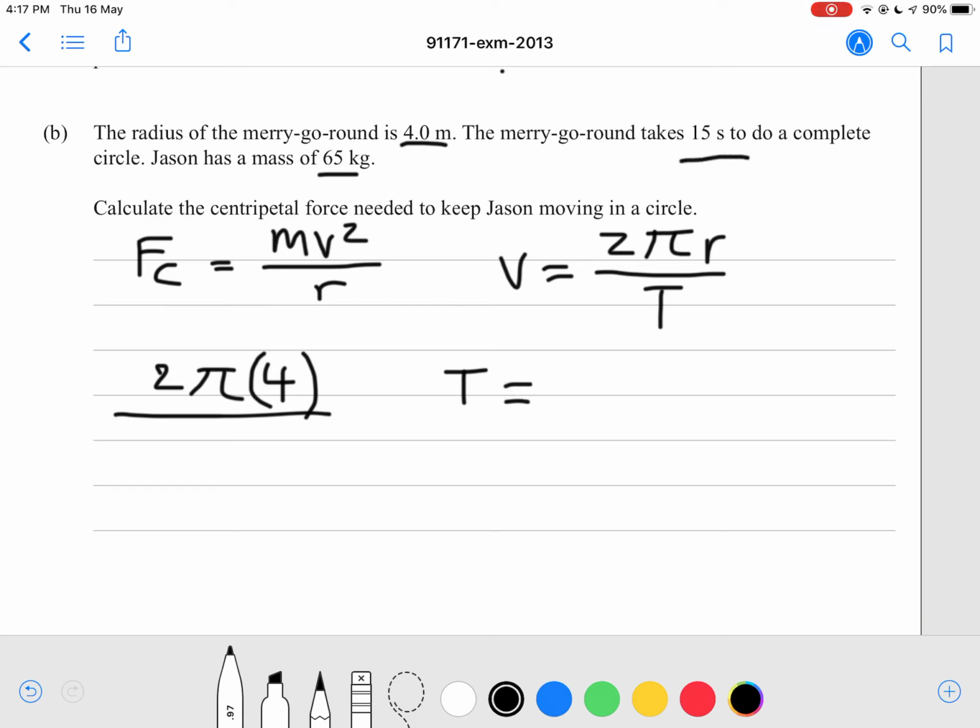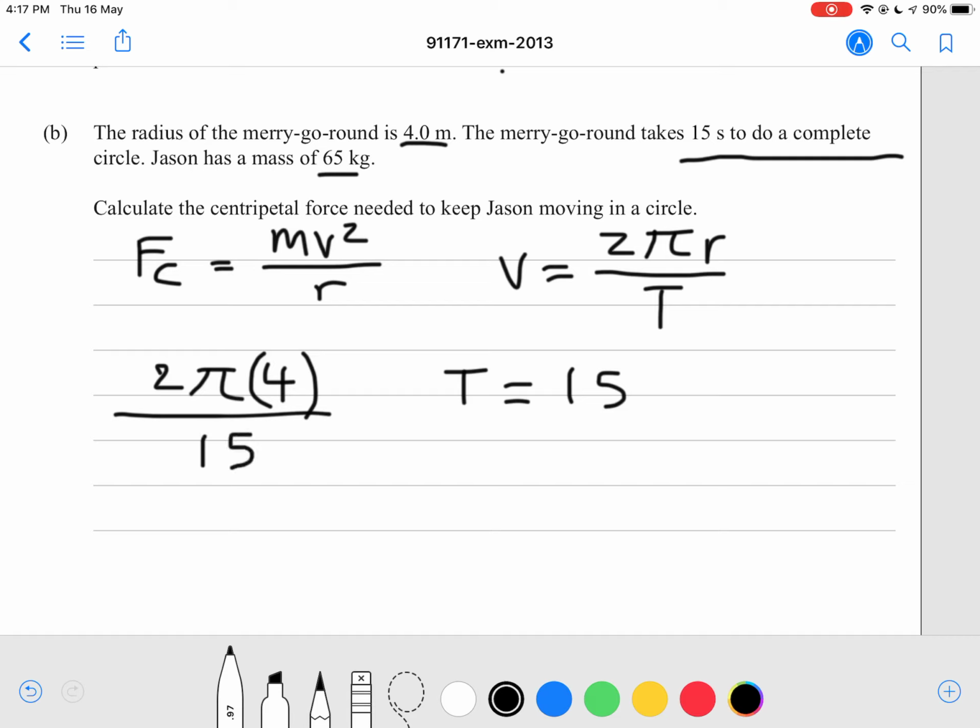The merry-go-round takes 15 seconds to do a complete revolution around the circle, so t equals 15. So we divide this by 15.